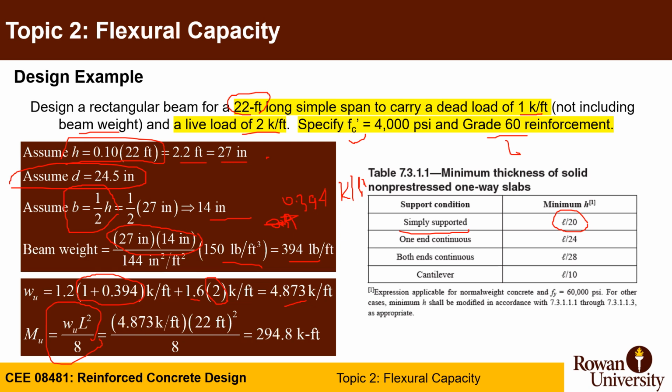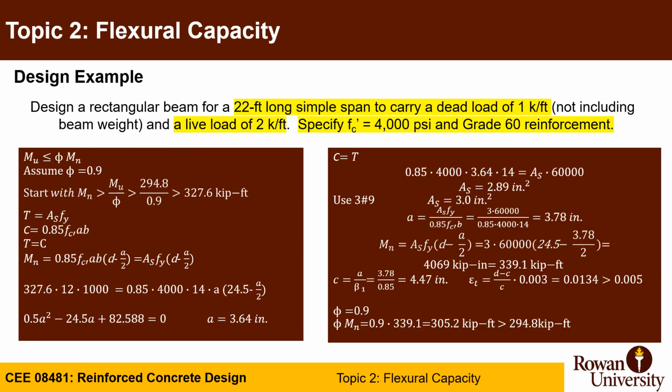It gives you 294.8 kip foot. To do the design, we know we always compare phi Mn, which has to be more than or equal to M ultimate from loads, which we just calculated.